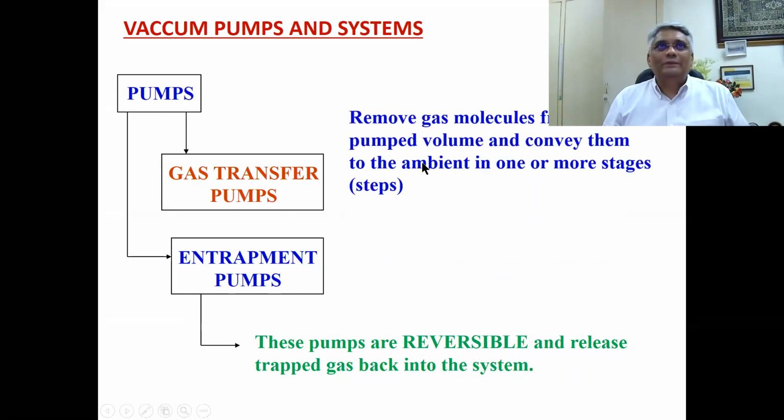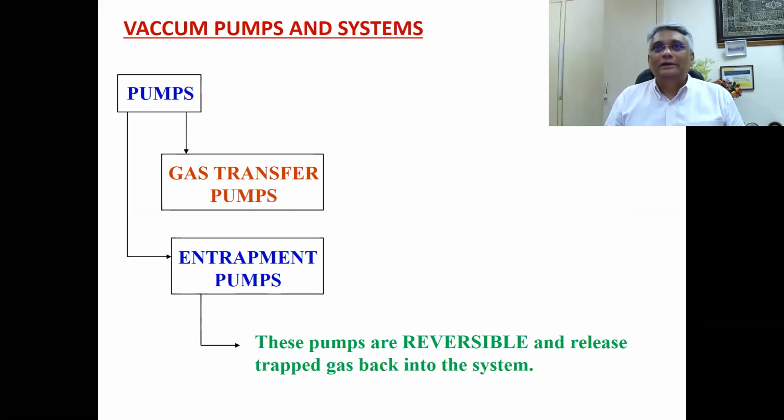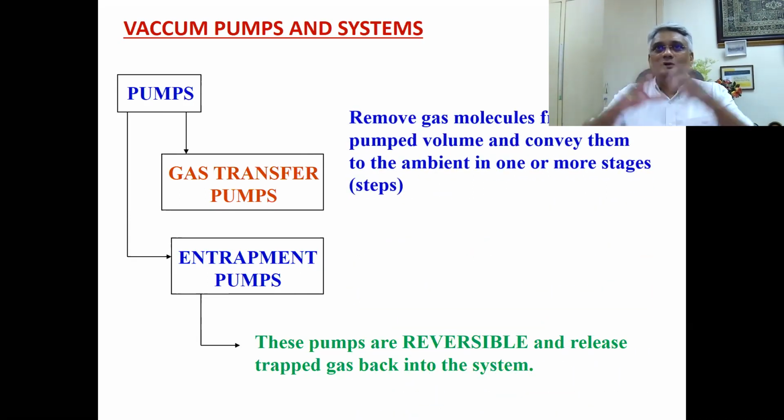A simple gas pump basically removes gases from the interior of the chambers, from a given volume, and conveys the gas molecules to the ambient in one or more stages.